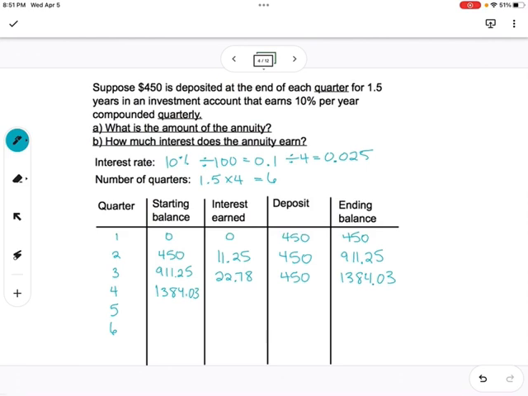Multiplying by our interest rate, we get $34.60, and another $450 is deposited. Adding those together, we get $1,868.63.